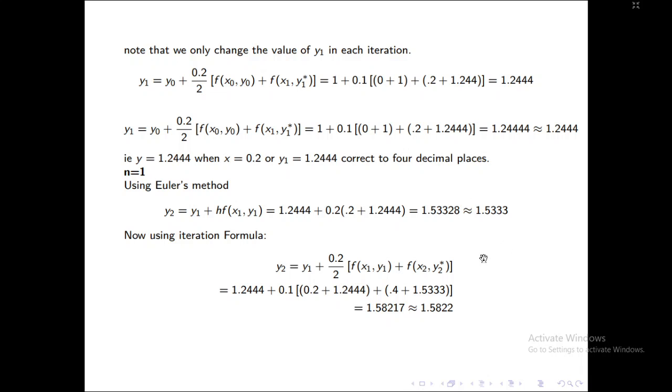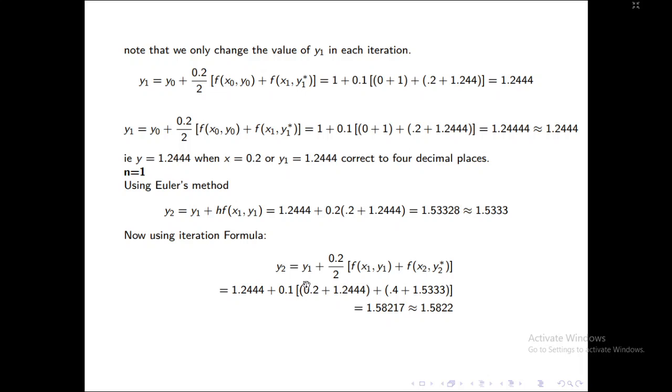Now we refine this value of y2 using the iteration method, and y2 is equal to y1 plus h by 2 into f of x1, y1 plus f of x2, y2 star. So y2 star is the value of y2 in our previous iteration, here it is 1.5333.